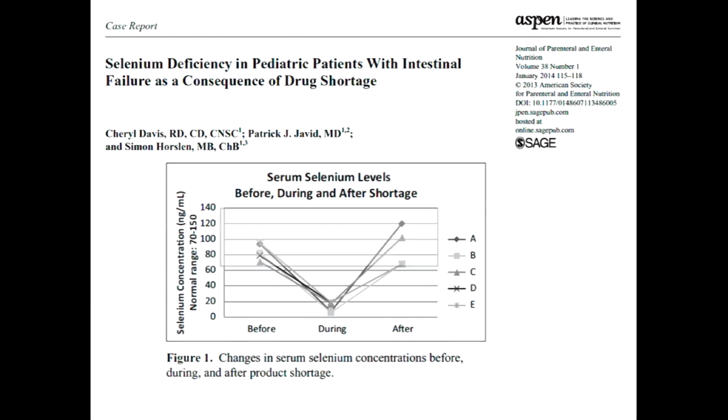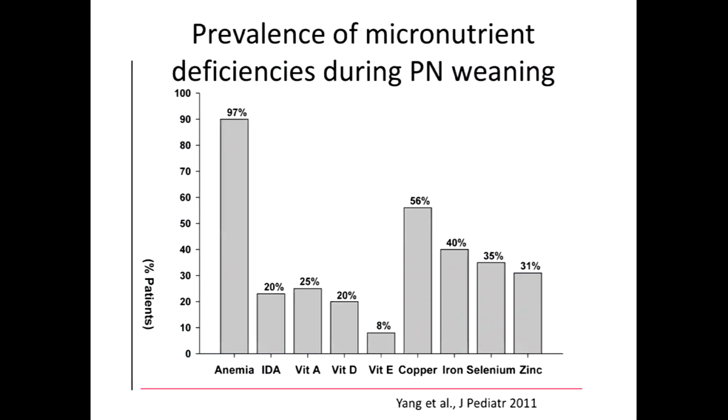A case series of 5 children who were on prolonged parenteral nutrition in Seattle had selenium deficiency due to a shortage of that trace element. Our own retrospective review of children with intestinal failure showed that the prevalence of a variety of different micronutrient deficiencies was quite high, even while the patient was receiving parenteral nutrition at least several days per week.